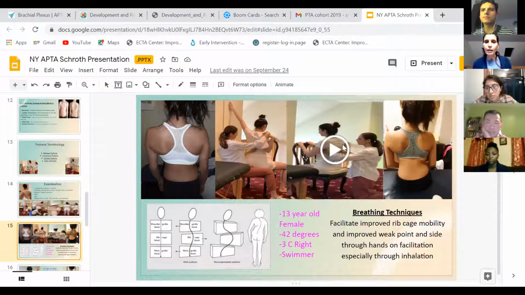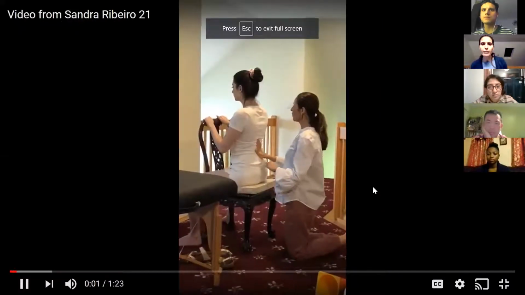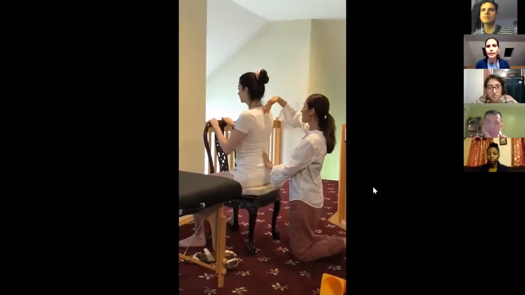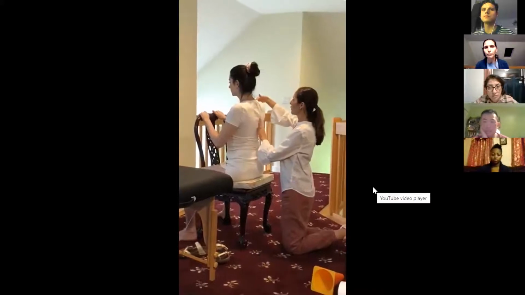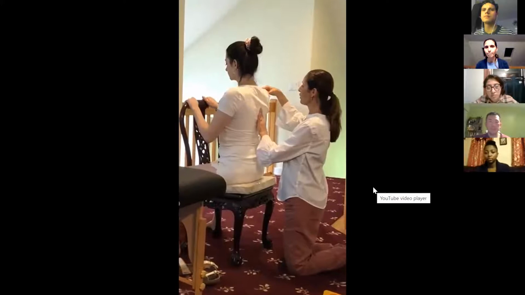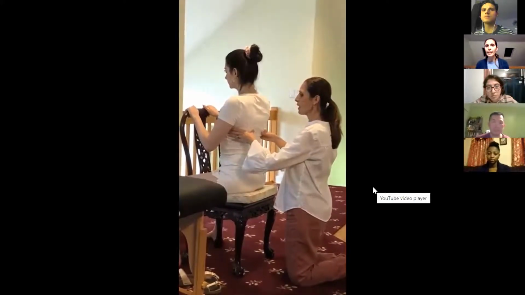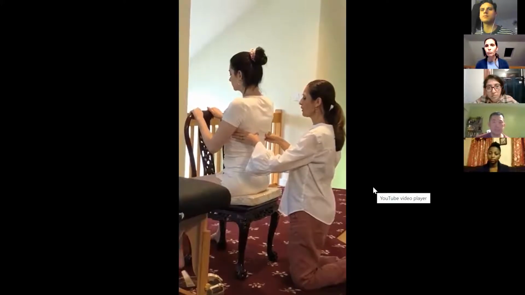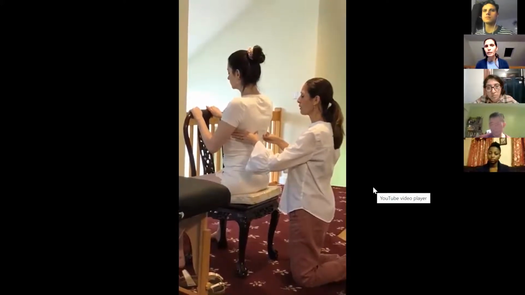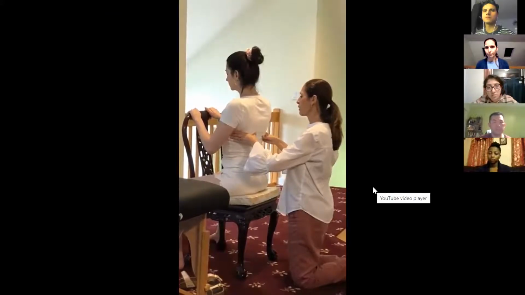Then I'm going to incorporate breathing. So I'm elongating here her spine, bringing that scapula back in the right spot. Now I'm going to use my hands to facilitate movement of the rib cage using breathing.